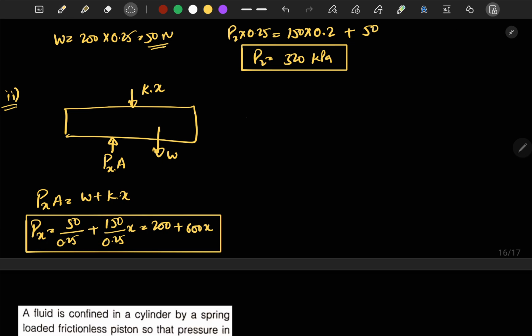To obtain the value of work, we can directly integrate. Work is equal to integral of P dV, so Px into dV, and we can further write it as Px into A into dx.